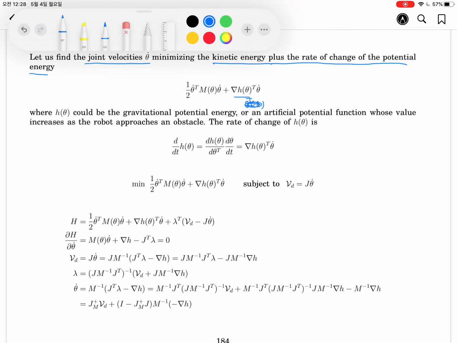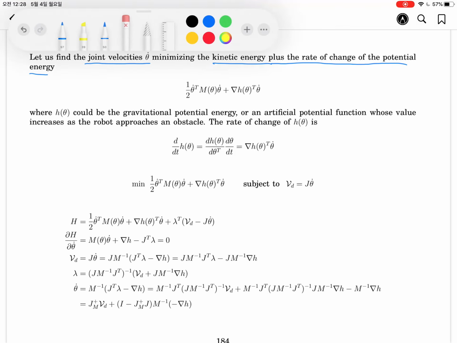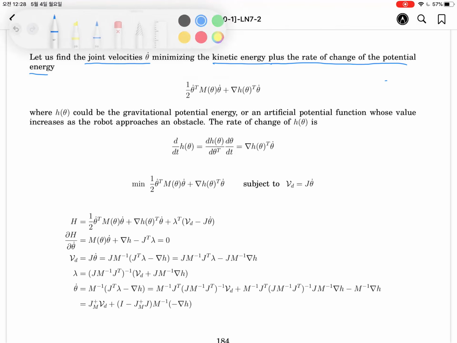Sometimes, in order to apply obstacle avoidance, it can be used as a spring-like potential energy.